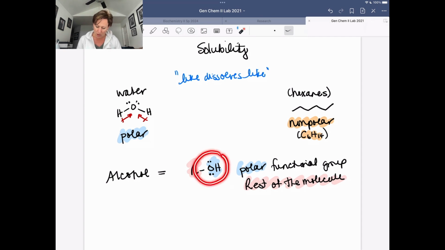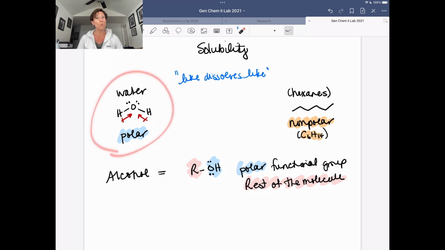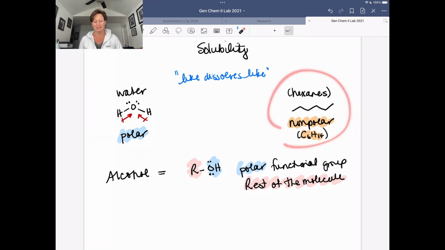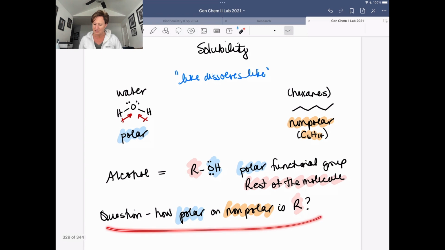So this part of the molecule is going to be polar, but what the R group, the rest of the molecule, looks like is going to determine whether that alcohol is more soluble in something like water or something like hexanes. Again, the question is how polar or nonpolar is that R group?